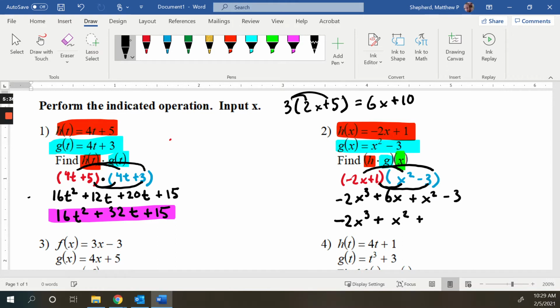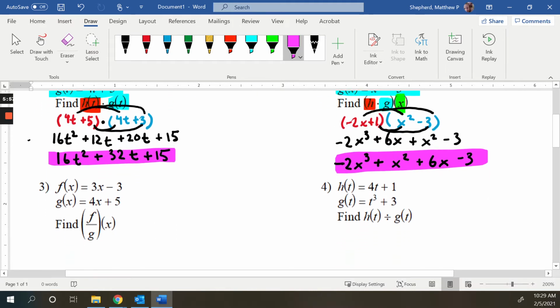Then we'd have the 6x, and then the 3 didn't even have a variable, so it goes last. So our exponents are going 3, 2, 1. And that's just the order that we want. The biggest ones first, down to the smallest. And we're done with that.